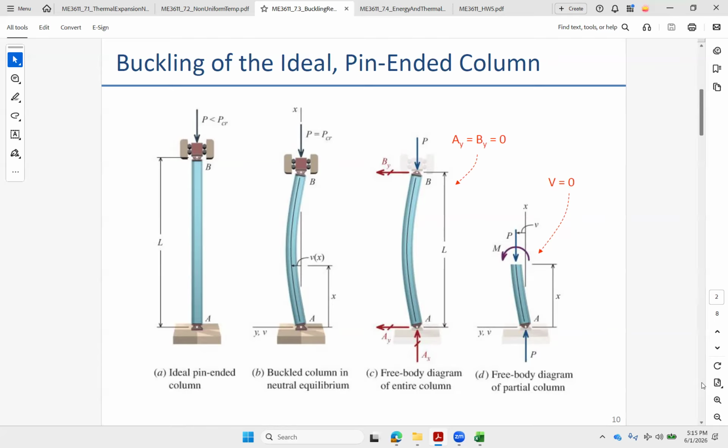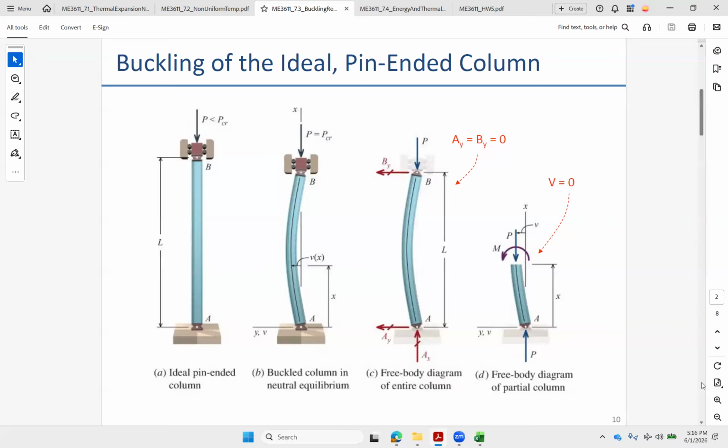Once we exceed some critical load, which is a function of how skinny this beam is, how flexible it is, and some other factors, it's prone to, at the slightest little disturbance, like a stiff breeze, or maybe there's a few less atoms on this side and a few more on this side, moving out of plane from one side or the other, off its parallel direction.